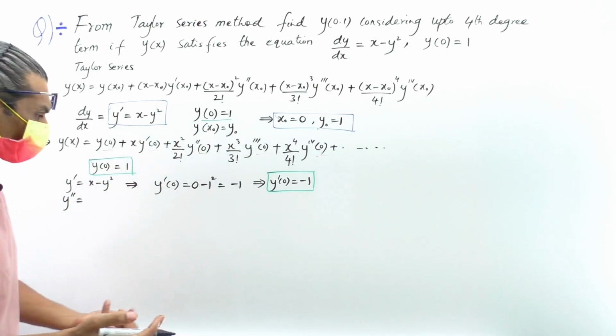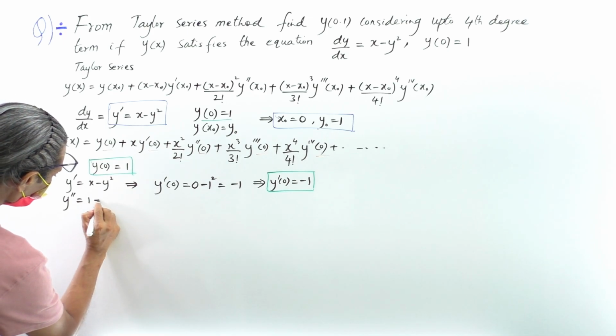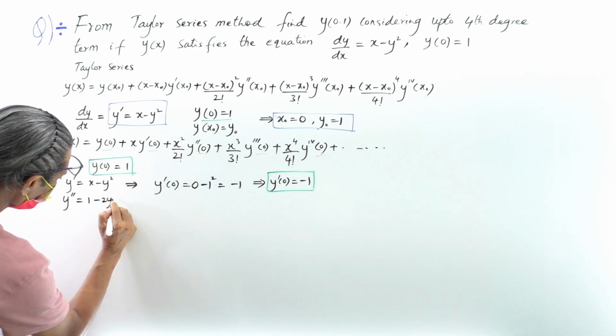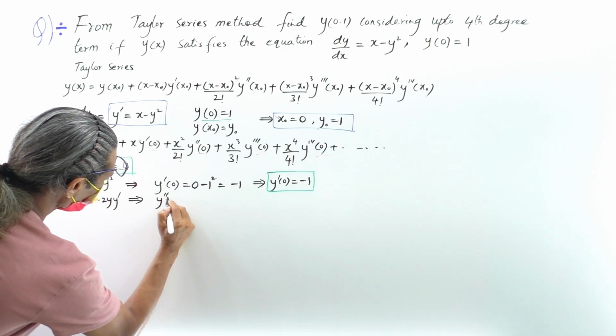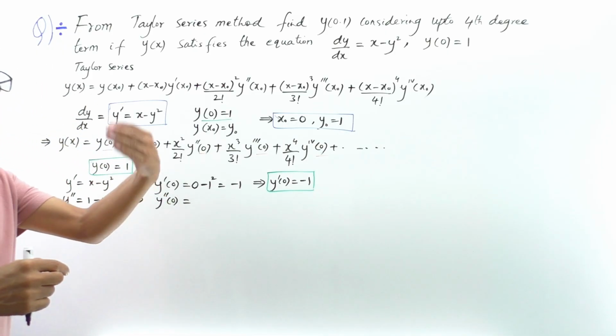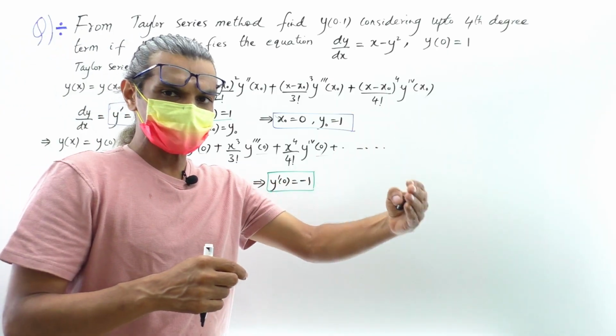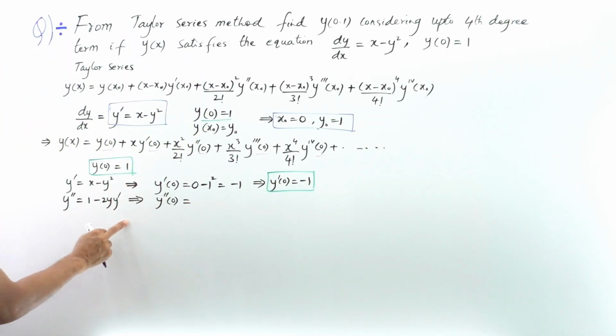simple, differentiate. It's a very simple differentiation here. Differentiate: derivative of x is 1, minus derivative of y square, which is 2y into y dash. That implies again, y double dash of 0 is equal to, derivative of y square is generally 2y as it is into differential of y, which is y dash. Okay, be careful here.